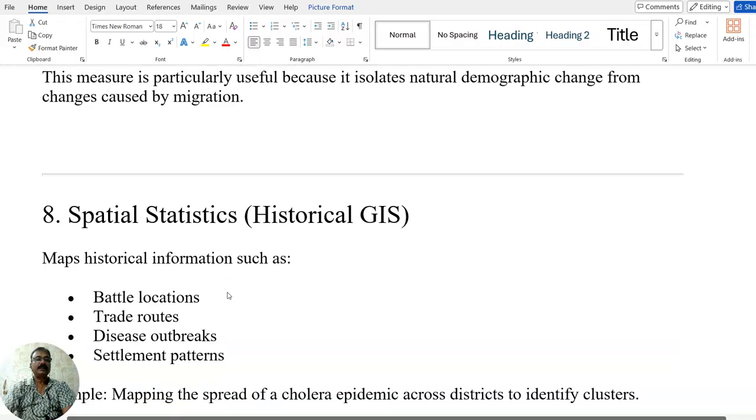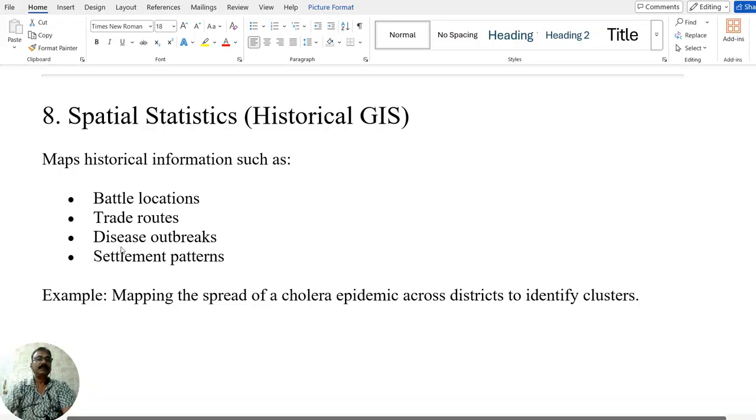Another part is spatial statistics, that is historical GIS.